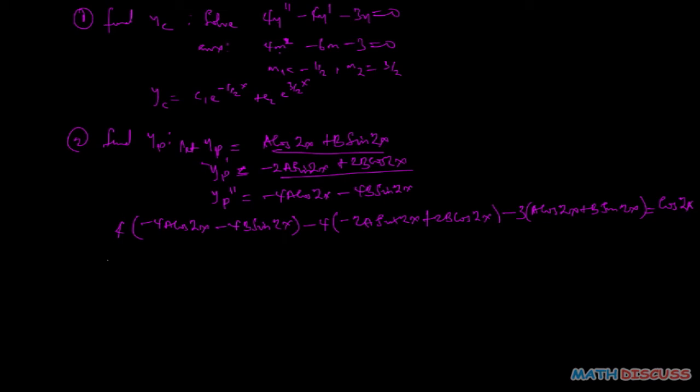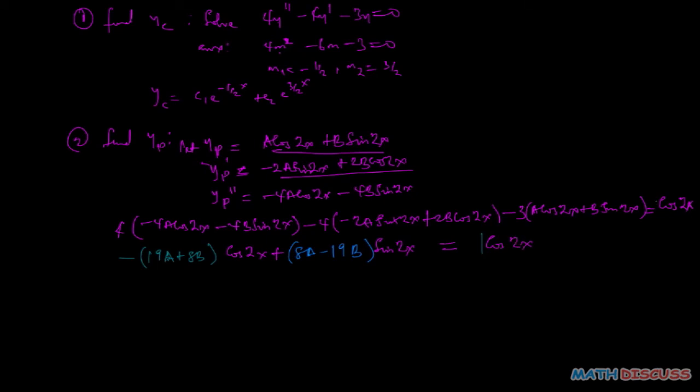After the simplification, we have minus 19a plus 8b times cosine of 2x, plus 8a minus 19b times sine of 2x. Now all this equals 1 cosine of 2x.